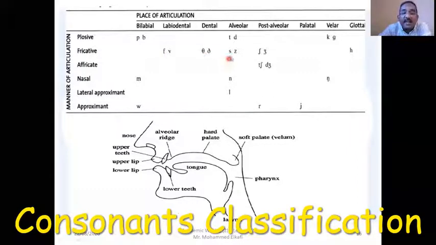Okay, and sa and sha, okay, and ha, okay, and also we have cha. Okay, so we call them what? Voiceless consonants.